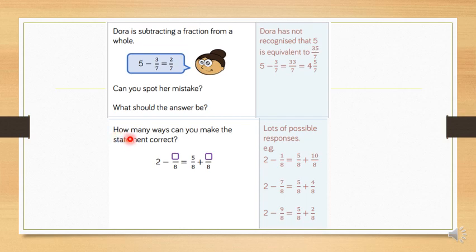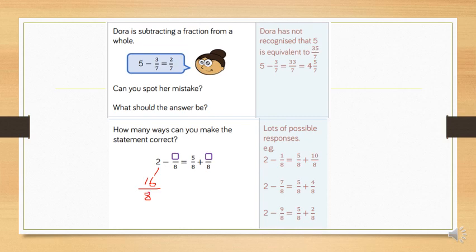And then this question had lots of possible responses. So you were doing 2 wholes, take away so many 8ths equals 5/8 plus so many 8ths. Hopefully you were able to work out that 2 wholes would have been equivalent to 16/8. And then there were lots of different possible answers.